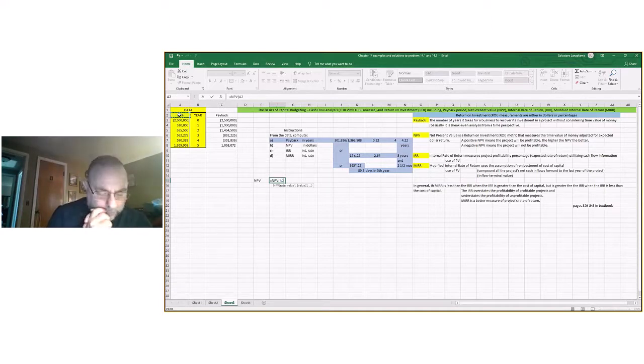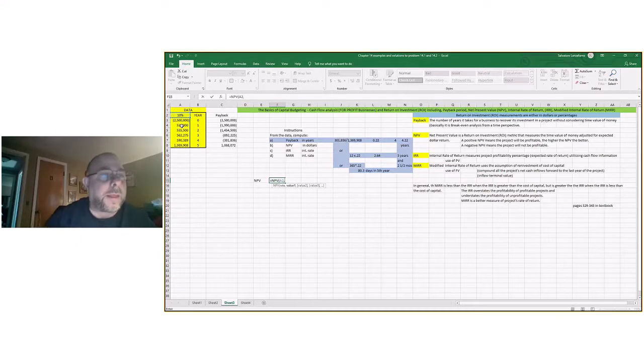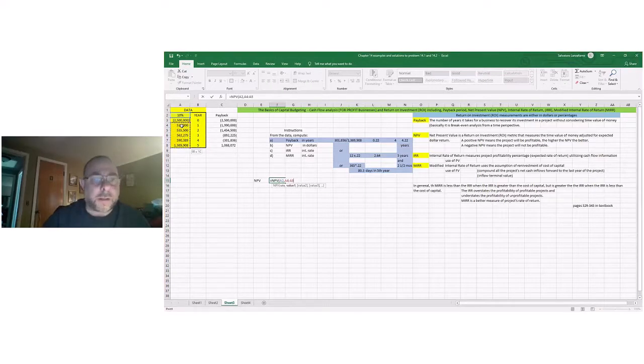So then the next thing we want to do is take all of the values, basically from A4, all the cash flow values. So I'm going to put a little comma after the A2. Then I'm going to skip down to all the cash flows. So I'm taking all the cash flows.